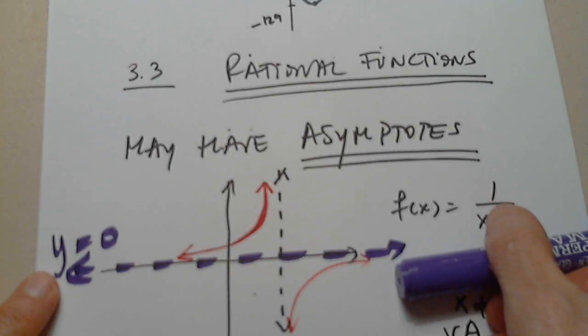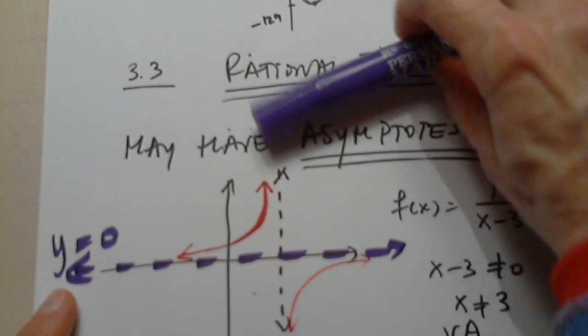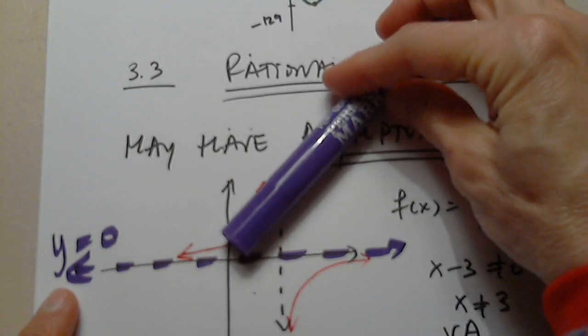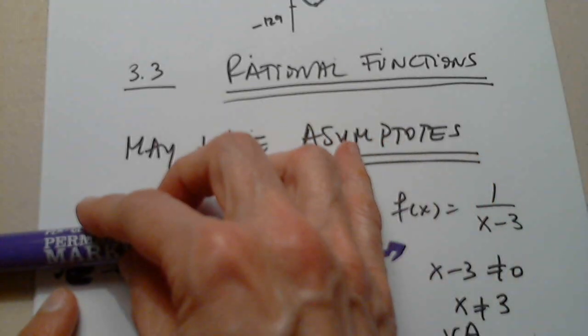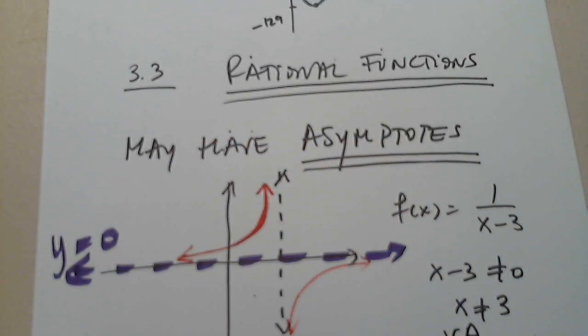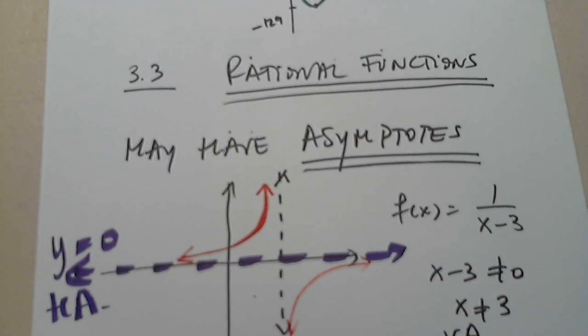Y equals 0 is the horizontal asymptote. As x gets closer and closer to negative infinity, the function values get closer and closer to 0. And that is the horizontal asymptote. This is HA, horizontal asymptote.